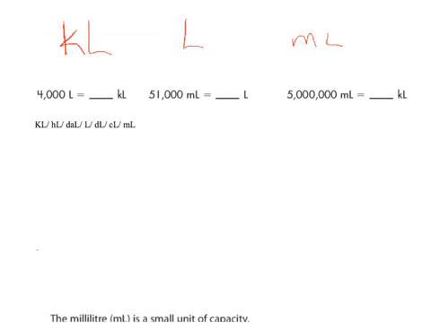That's 1 liter. A milliliter is about the size of one of our little yellow cubes for place value, the ones cube. If we were to fill that with water, that would be about 1 milliliter worth of water. And a kiloliter is fairly large.